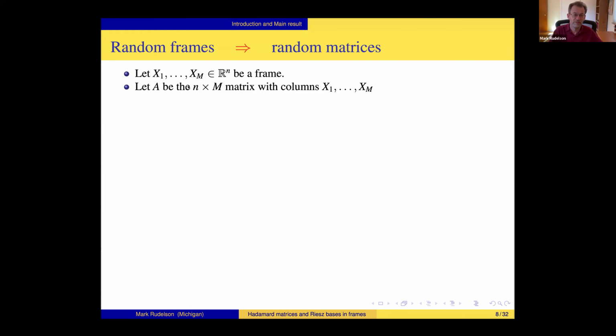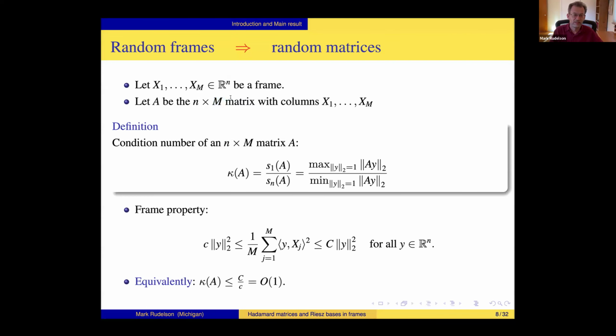So we have a fat matrix, M capital is typically much greater than N. And this matrix forms a frame. What does it mean? Since we are talking about the frame property, we can reformulate it in terms of the singular values of this new matrix. And the singular values of the matrix are the eigenvalues of the matrix A transposed A, square rooted.